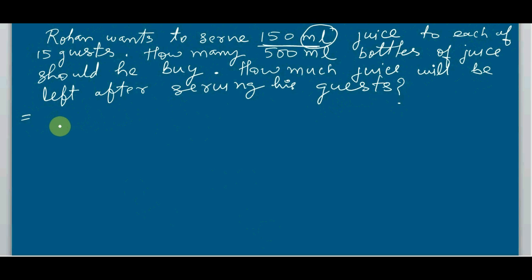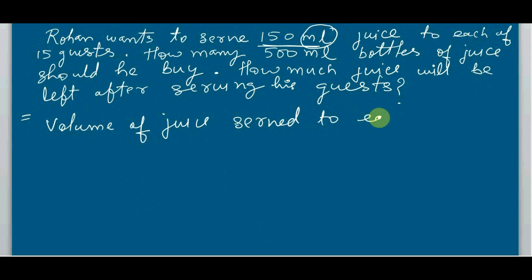So I will start writing like this: volume of juice served to each guest, okay, this is equal to 150 milliliter, right?